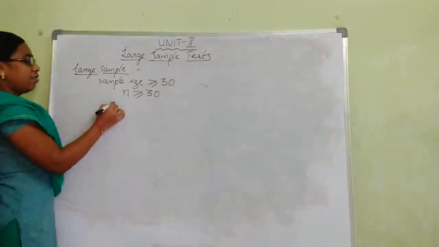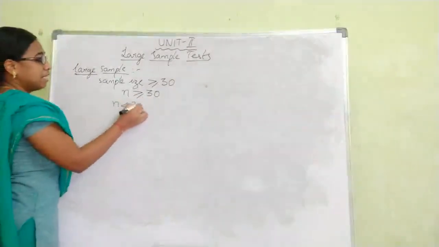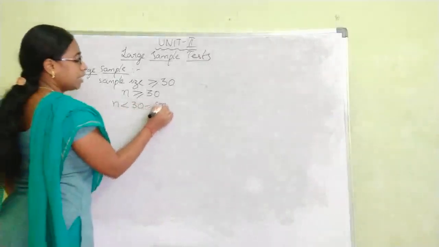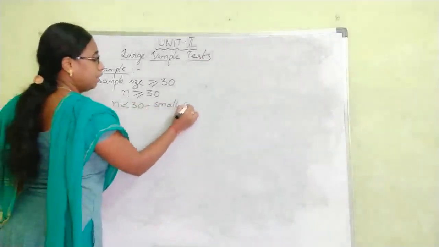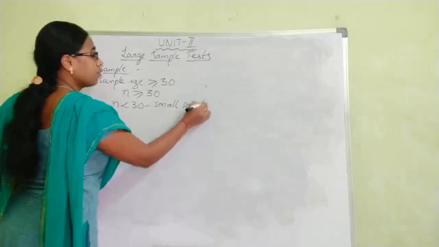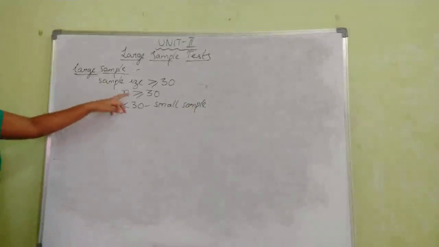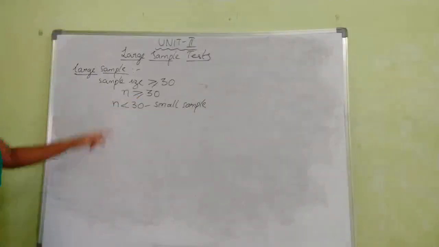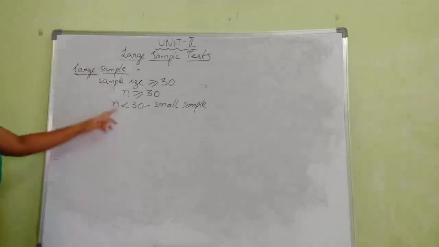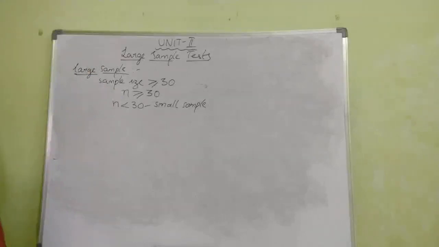If n is less than 30, it is called a small sample. Based on the sample size only, we decide to go for the large sample test if n is large, and if n is less than 30, we go for the small sample test.